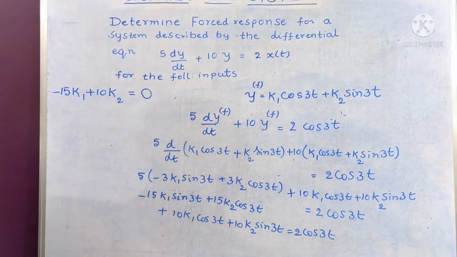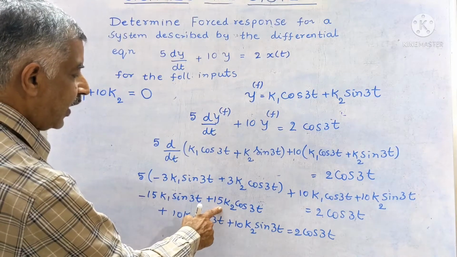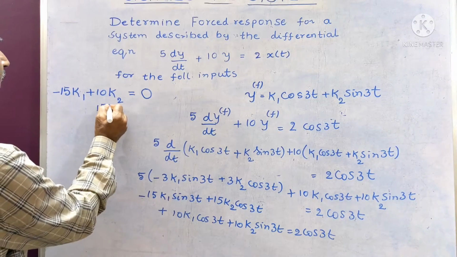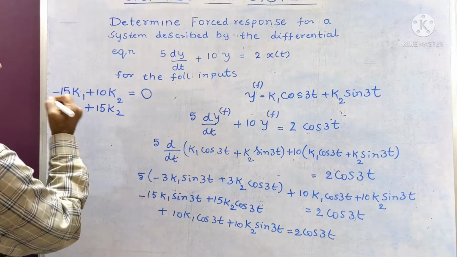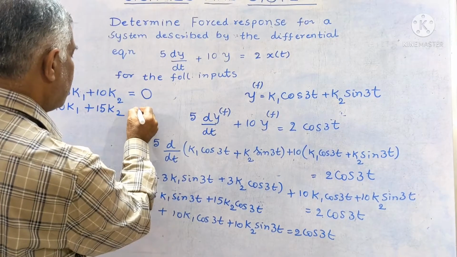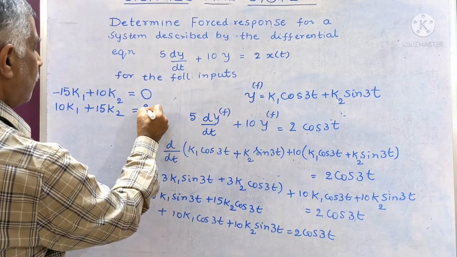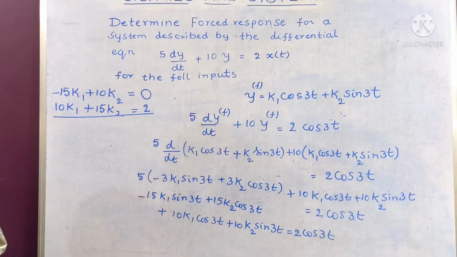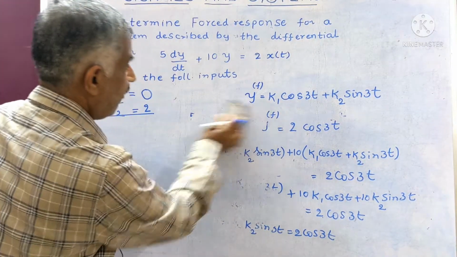Next, comparing the coefficients of cosine terms, 15k2 plus 10k1 is equal to 2, since on this side the coefficient is 2. So we have to solve these two simultaneous equations for k1 and k2.